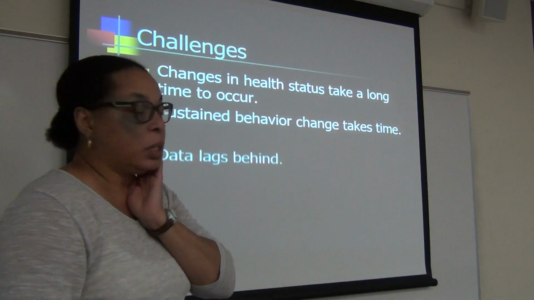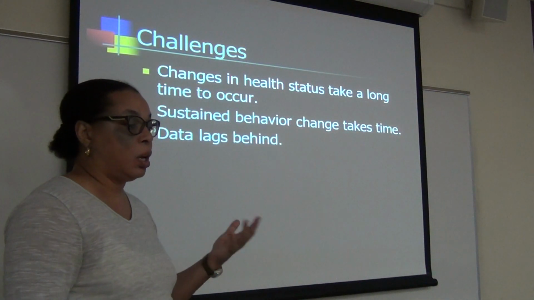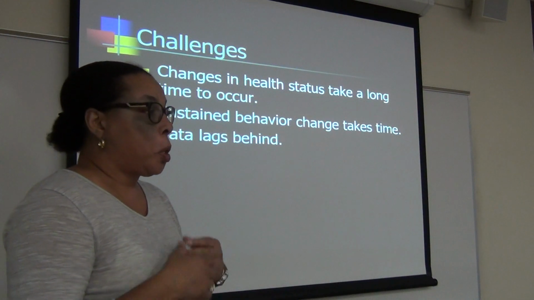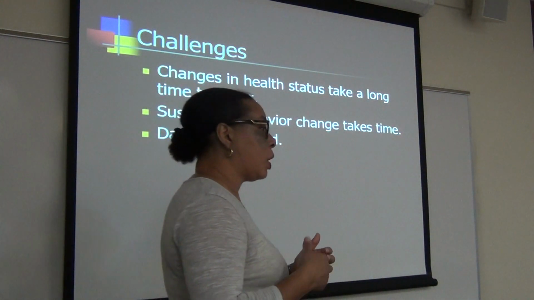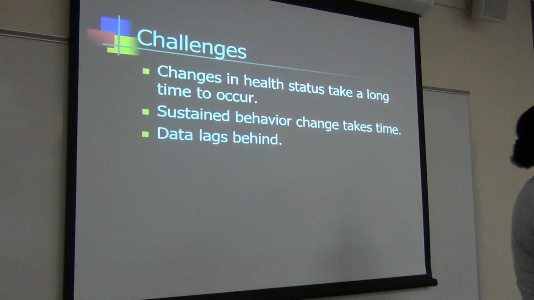Another issue, and this isn't just a Nevada issue, this is a general issue, is that data lags behind. We're already into 2018, and 2017 data hasn't been released yet from the feds on certain things.